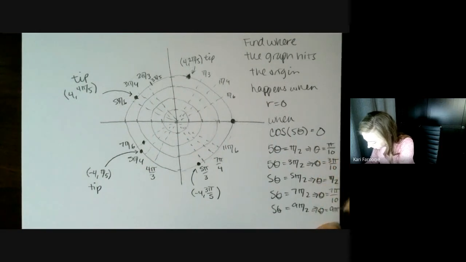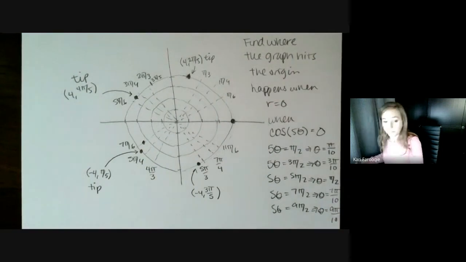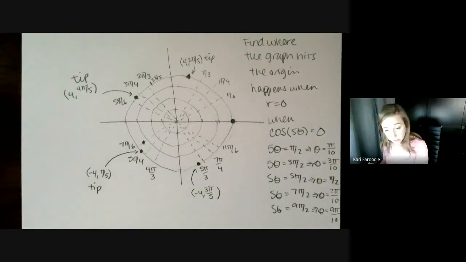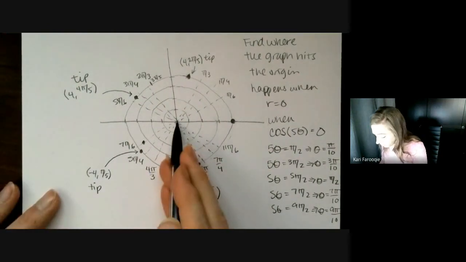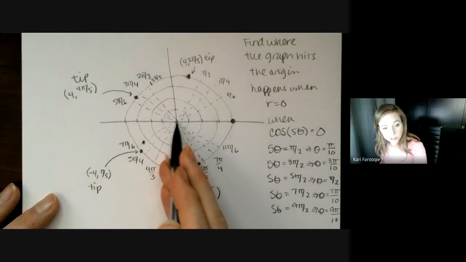And 9 pi over 10. Now, you won't be able to see these on your graph because they're all going to be at the same point. All of them are going to have a radius of 0, so they're all going to be sitting here at the origin. But it kind of allows you to see what's happening in between your values.